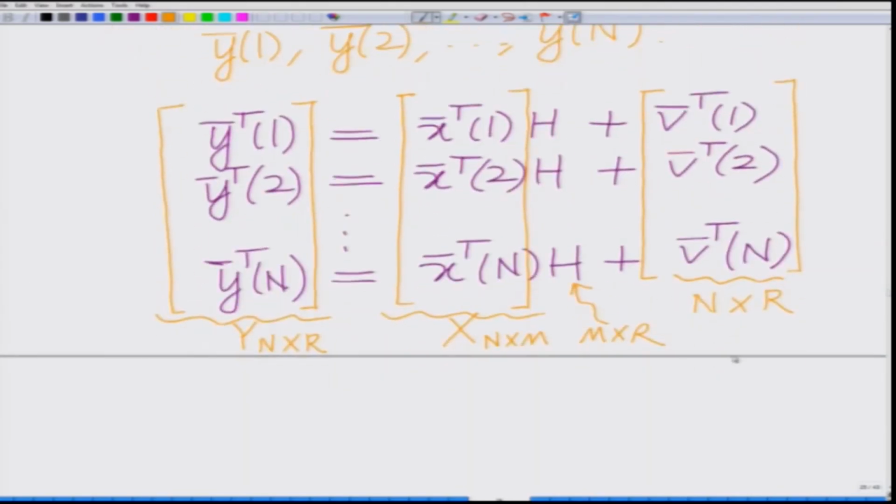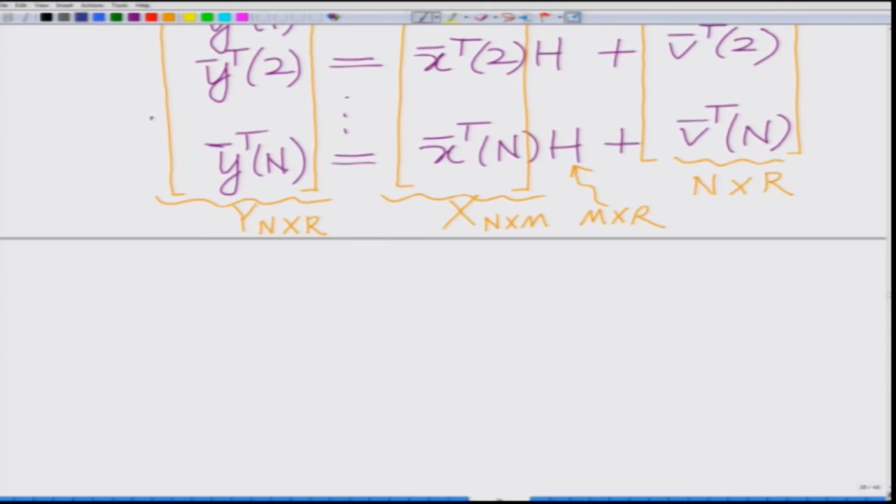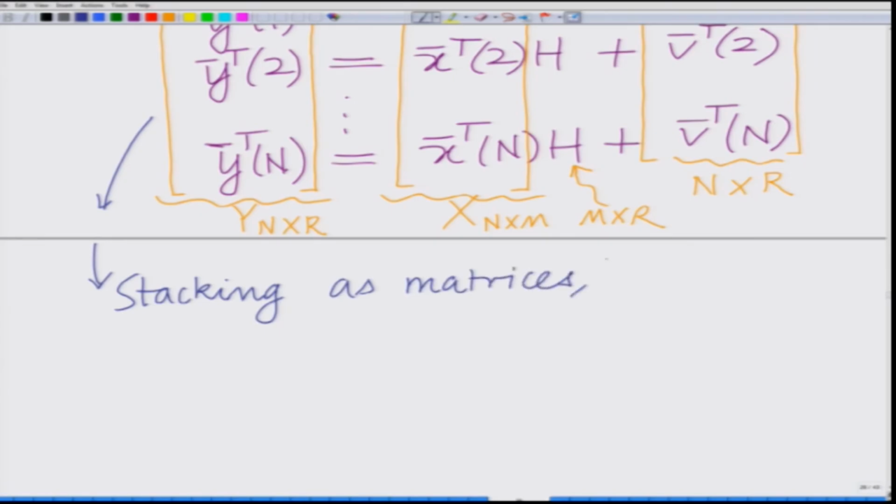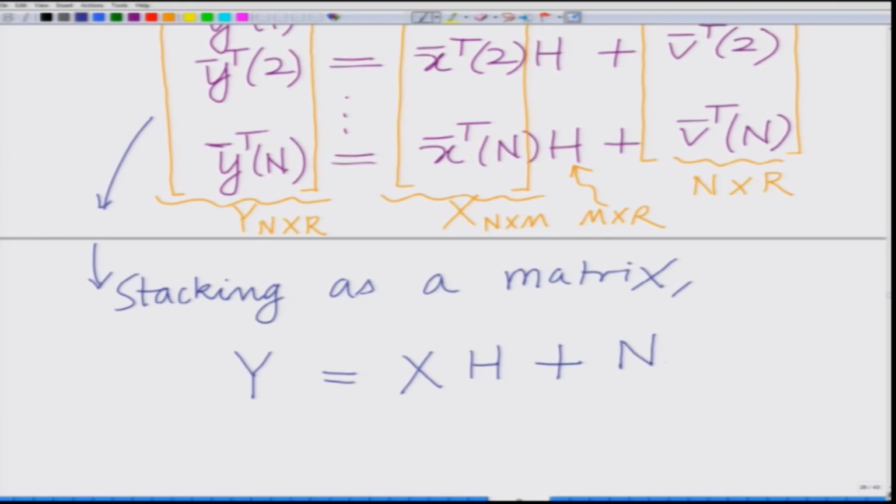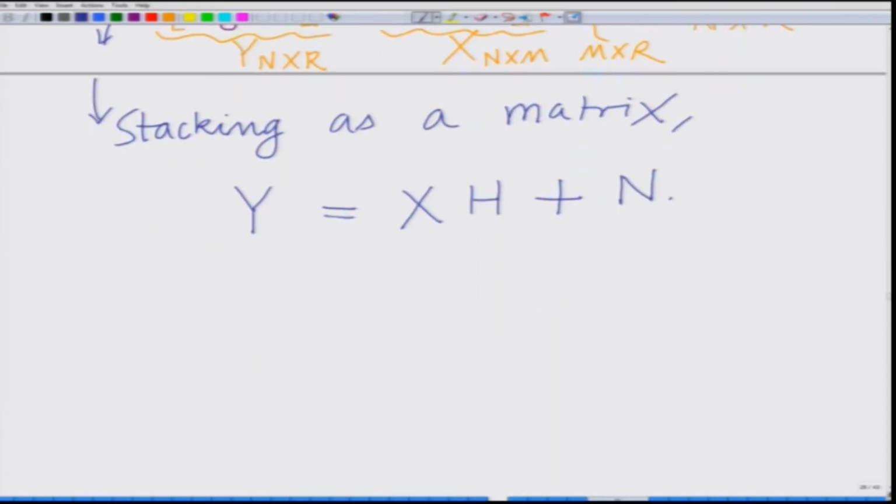Therefore, stacking all the input output vectors corresponding to n time instants as matrices, we have Y equals X times H plus V. You can contrast this with the multi antenna downlink channel estimation problem, where you have y bar equals X times h bar plus v bar.